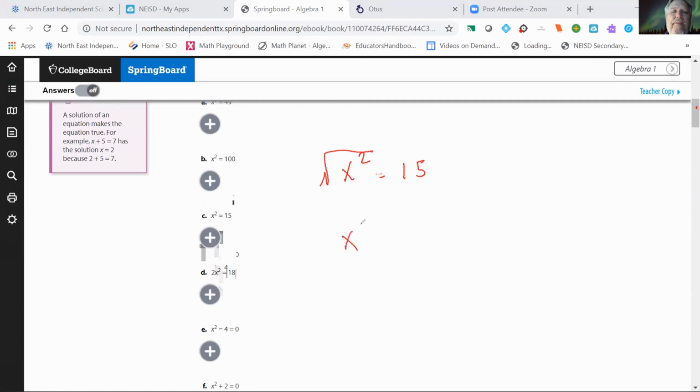And we recall that what we do on one side, we have to do the same thing on the other side in order to keep it equal. So that's going to be x equals the square root of 15. If the others were the positive or negative versions, this of course can also be x equals negative square root of 15.